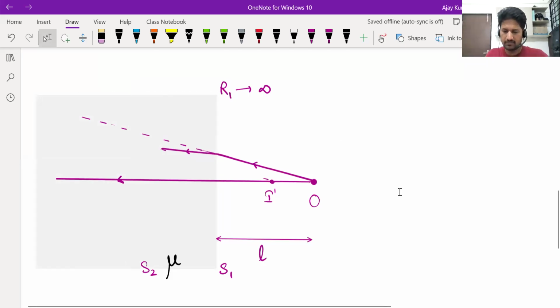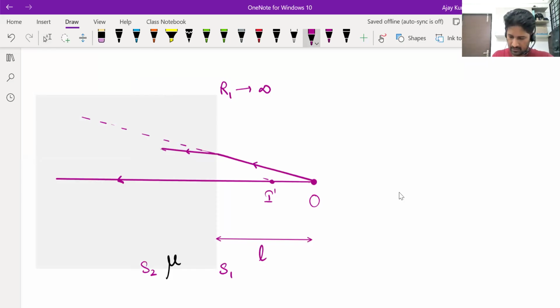So after the first refraction, the light ray is going to travel like this. If I extend this ray in the backward direction, the image appears to form somewhere here, way behind.